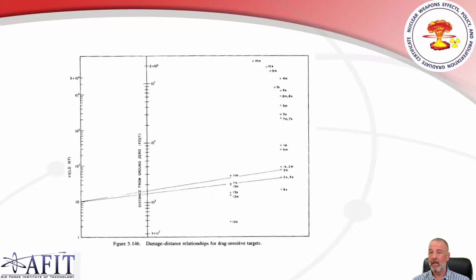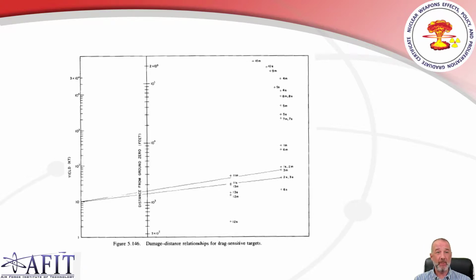But that's the same area, give or take a couple hundred feet, that we see moderate damage in type 2 and type 3 structures. So again, it's the same as the other table. It's just a different way to read it. Instead of trying to get things to meet into a cone, they're simple points that have the structure type, its number, and the damage that you're looking at, whether it be severe or moderate.